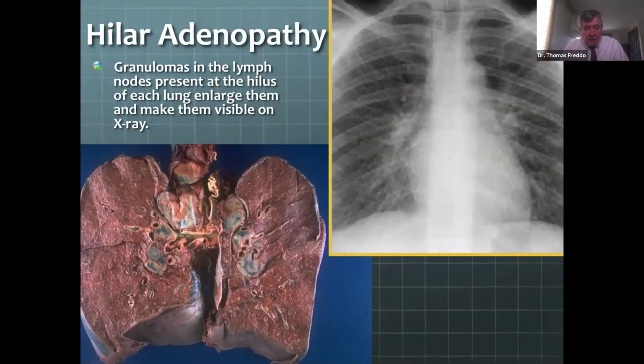On the other side, you can see a post-mortem pair of lungs, and all of these large black-blue areas toward the middle of the lungs and at the hilus constitute these abnormally enlarged granulomas, filling the lymph nodes at the hilus of the lung.